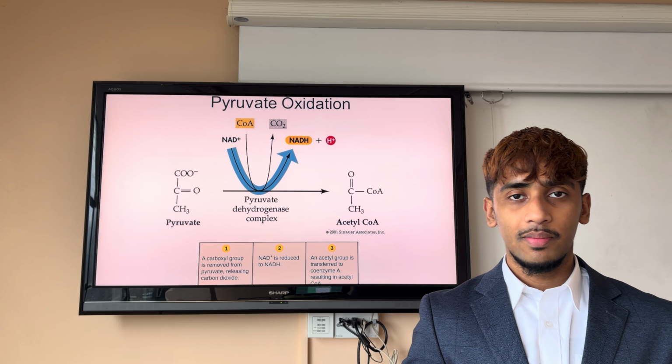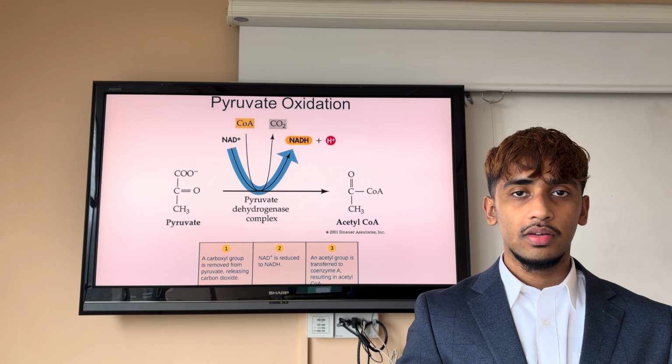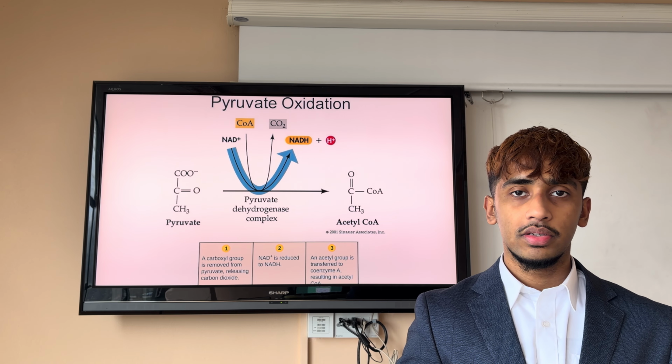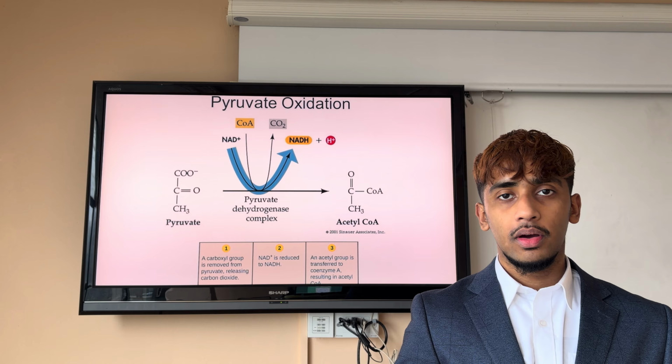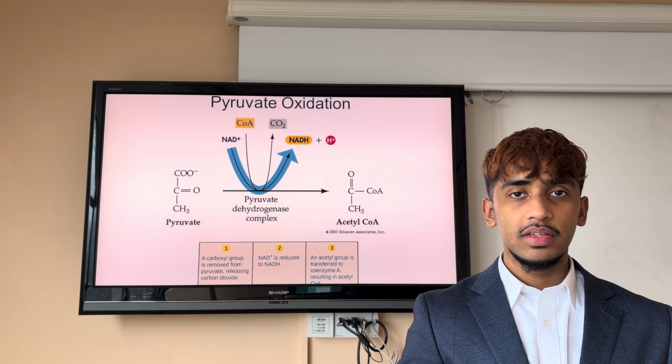Pyruvate now enters the mitochondrial matrix. Here it undergoes oxidative decarboxylation by the pyruvate dehydrogenase complex. First, 1 carbon is removed as carbon dioxide. This is the first carbon being lost from the original glucose molecule.